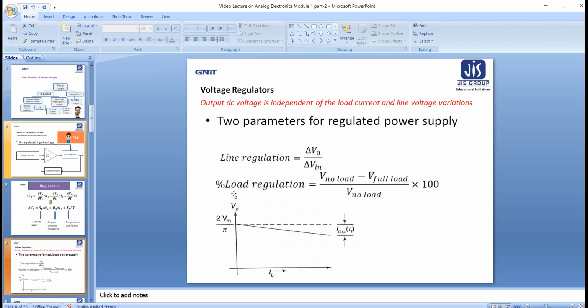Again, I am reiterating that if we change the load and every time the output voltage changes, this is not desirable, or it is not a very good design of the power supply. So the power supply should be a very good one if we design it in such a way that the percentage load regulation is very small.